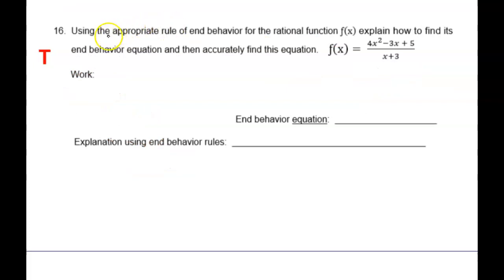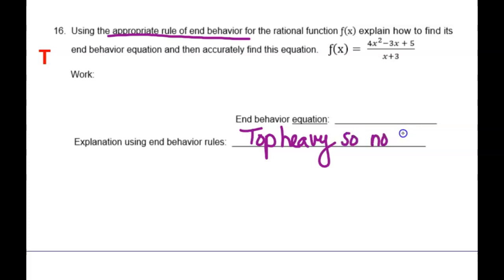All right, use the appropriate rules of end behavior. This one is top heavy, right? So what does the rule say? It says, so no horizontal asymptote.